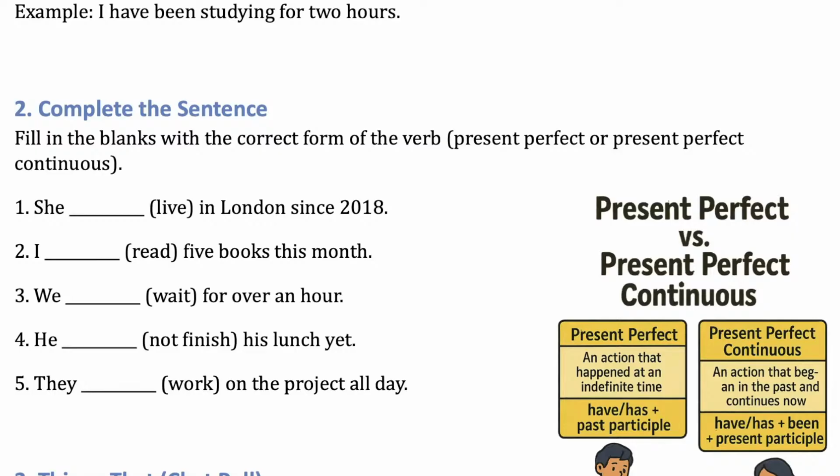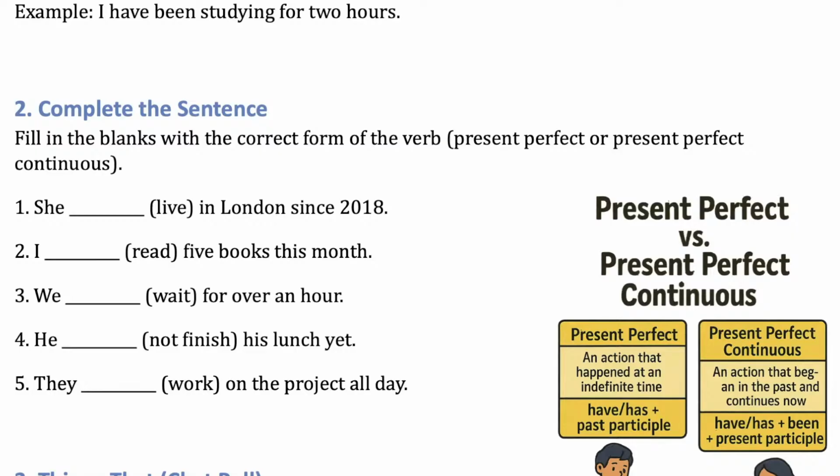Angela, I have read. No, Angela, I'm not sure what you mean. Number 2. I have read. I don't know, why did you put give there? I have read 5 books this month. Yes.